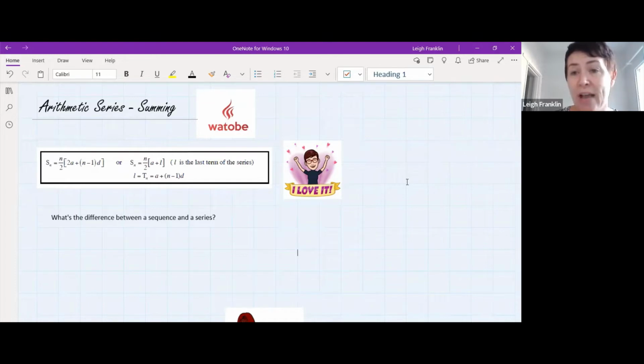Hopefully your parents have logged you in already and you've got login details, because it's only if you've already logged onto the website that you would be able to do this. If you don't have login details yet, please speak to your mom or your dad or whoever you're staying with and ask them to get you registered on the website so that you're able to do these. Okay, but more about that later.